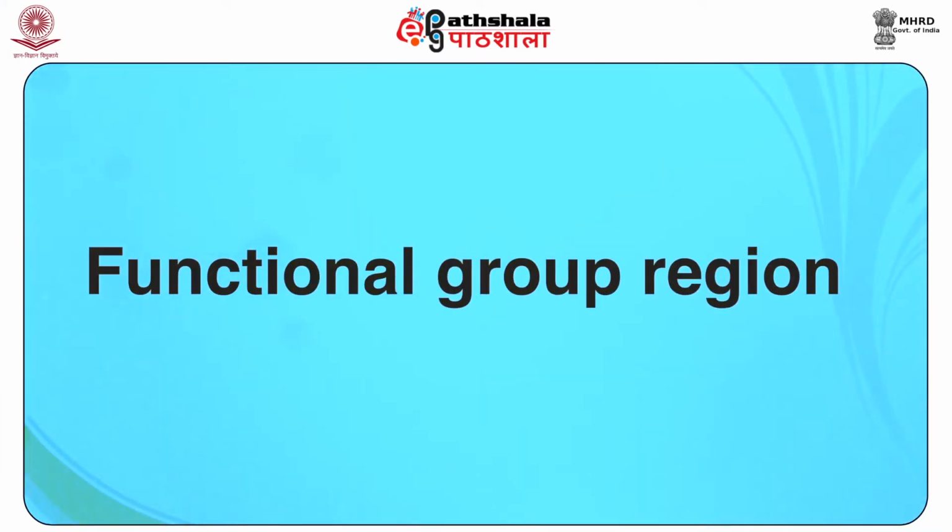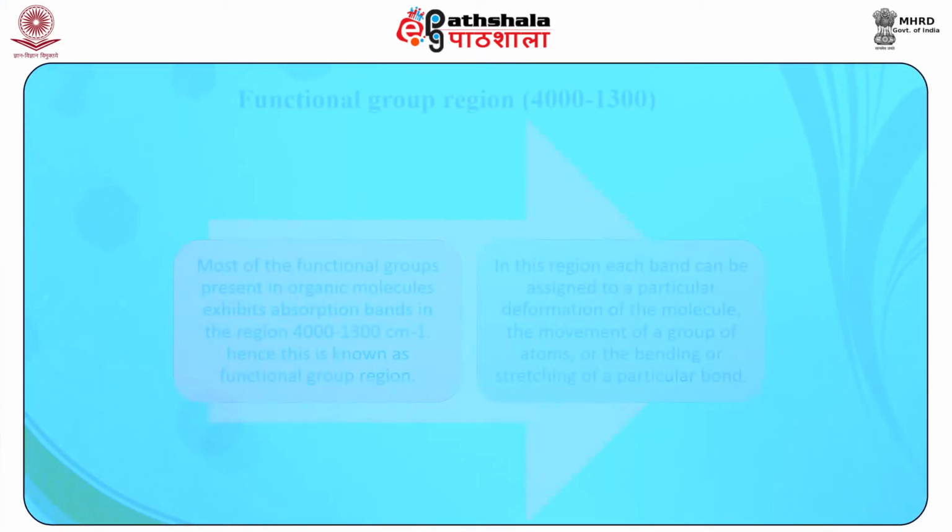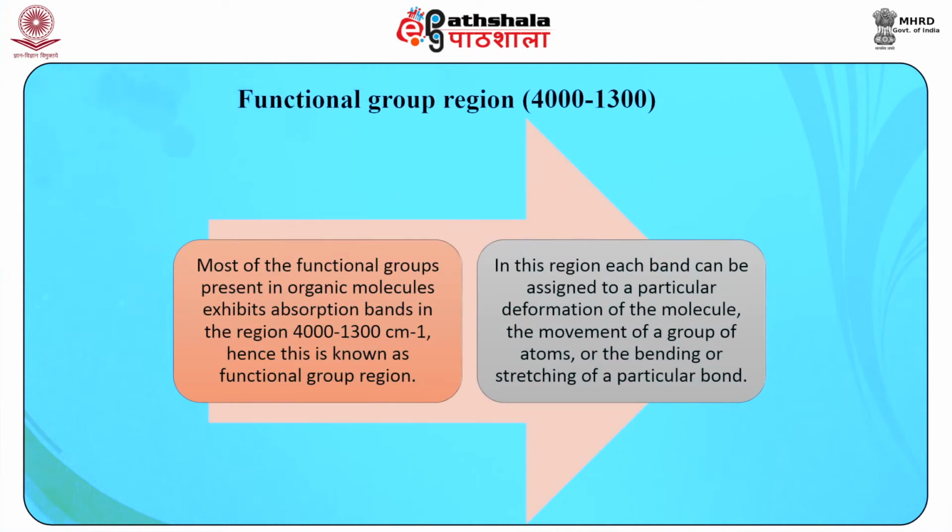Functional group region, as I told you, ranges from 4000 to 1300 centimeter inverse. Most of the functional groups present in organic molecules exhibit absorption bands in the region 4000 to 1300 centimeter inverse. Hence, this is known as the functional group region.